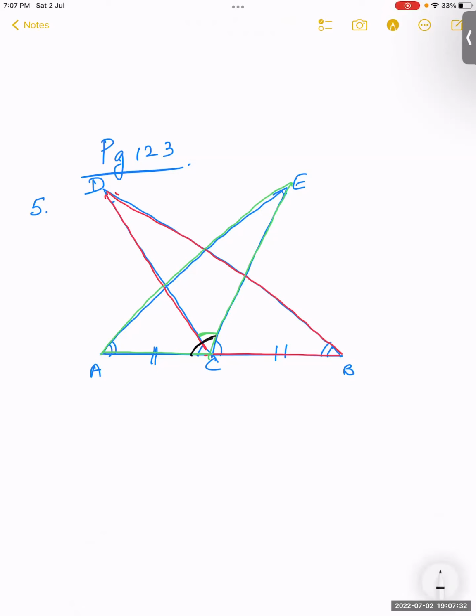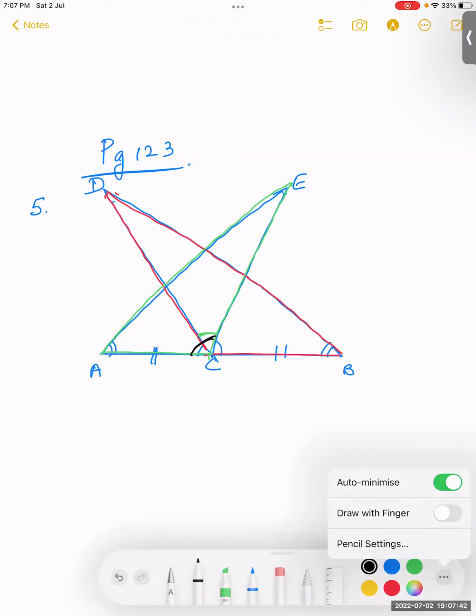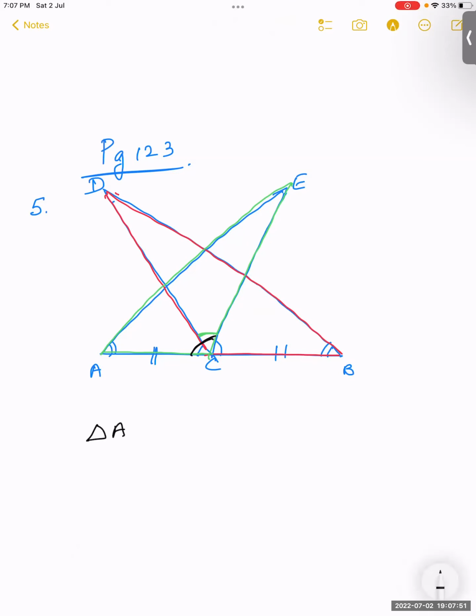When I say triangle ACE, angle C is what I have marked in black color, right? Similarly... It won't go the whole 180, because I'm talking about triangle ACE.